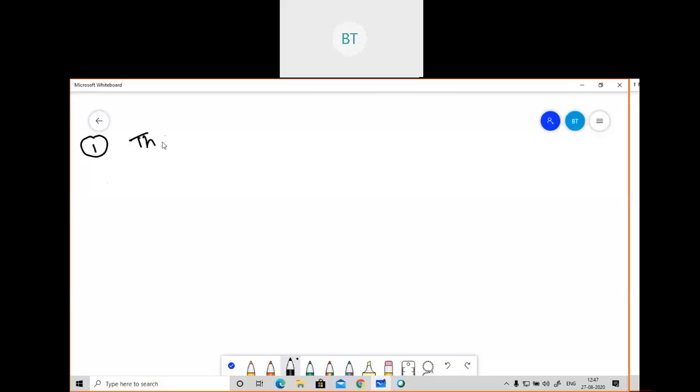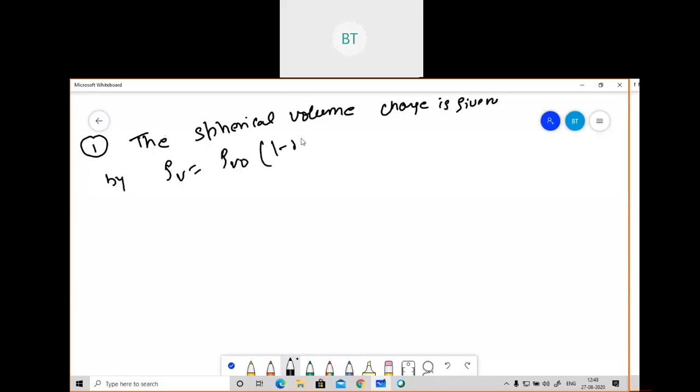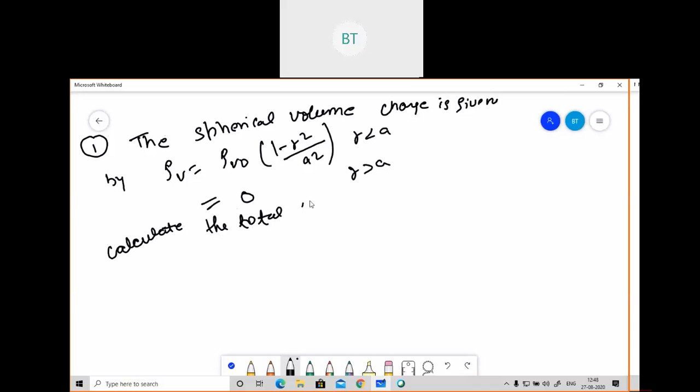So I'll write here: the spherical volume charge is given by rho v equal to rho v naught times (1 minus r squared by a squared) for r less than a, and 0 for r greater than a. They are asking you to calculate the total charge Q.